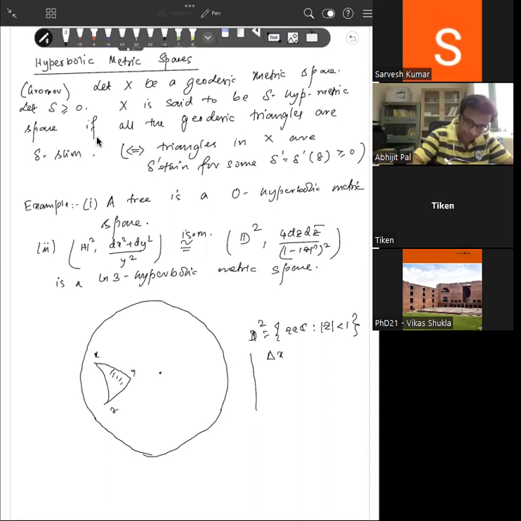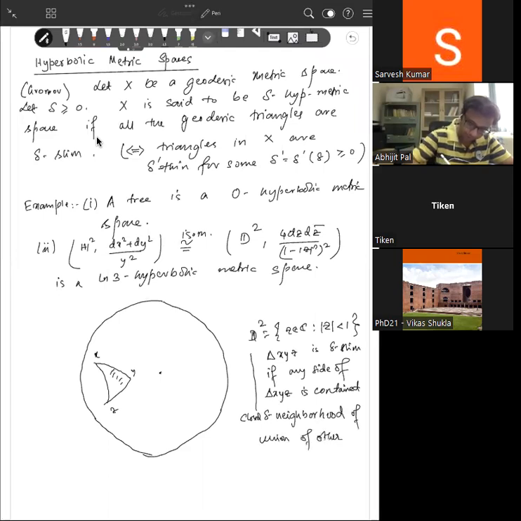I want to prove that this is log 3 slim, right? So again recall, what is the definition of slimness? Triangle XYZ is delta slim if any side of this triangle XYZ is contained in the closed delta neighborhood of the union of the other two sides.